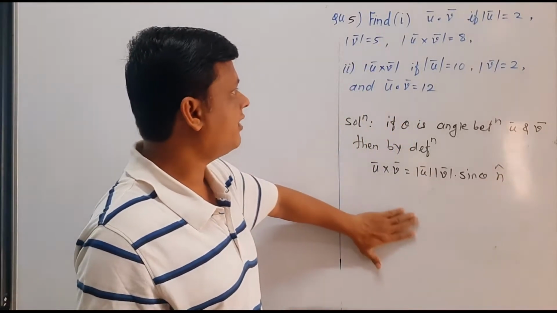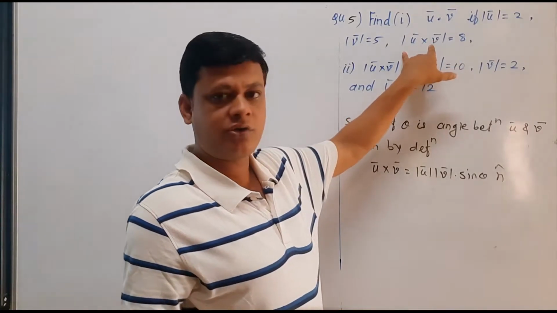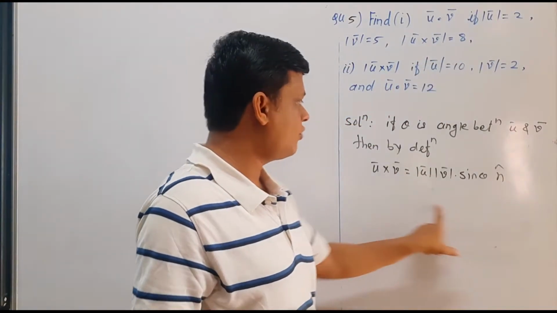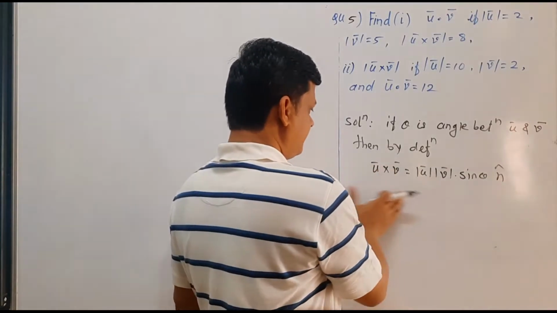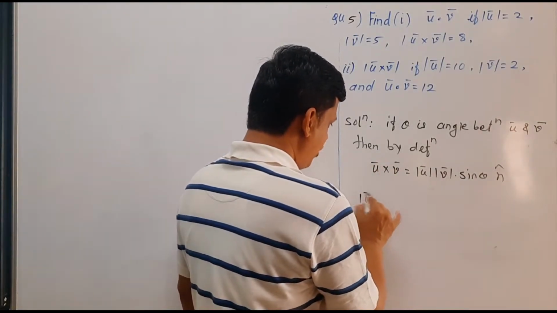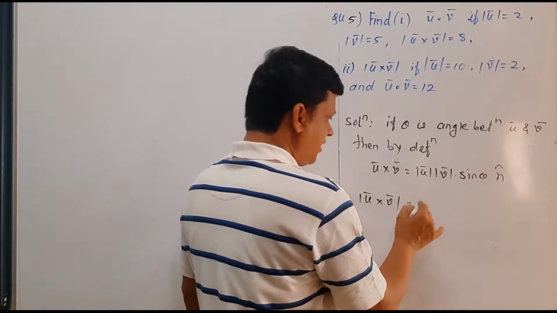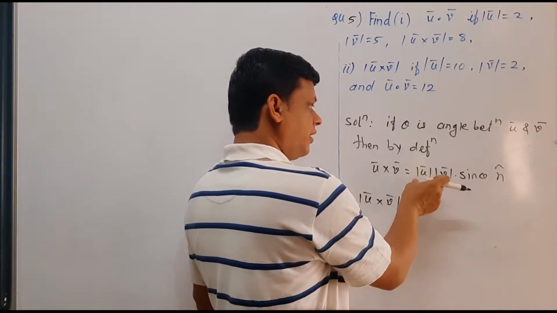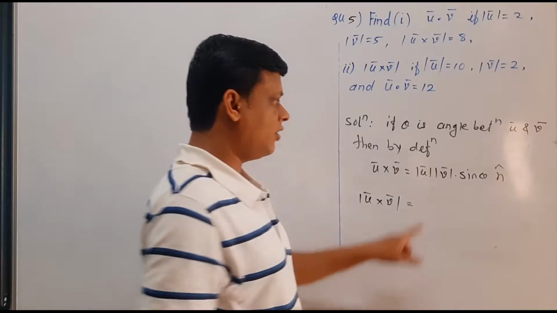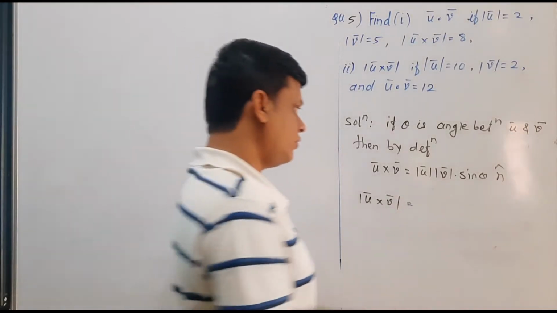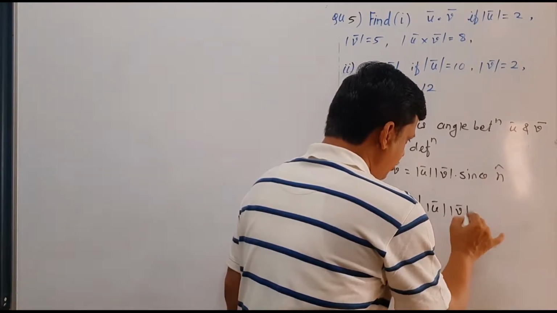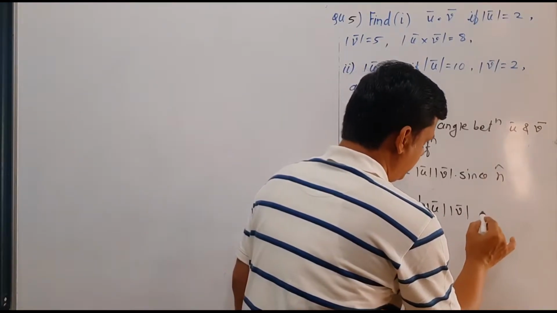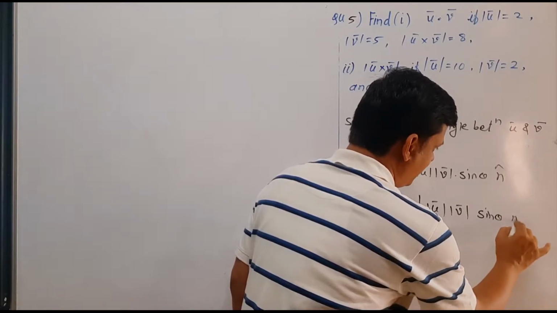Now see the given part here: the magnitude of u bar cross v bar is given. That means we have to take its magnitude. So we write magnitude of u bar cross v bar equals magnitude of u bar, magnitude of v bar, sin theta, n cap.